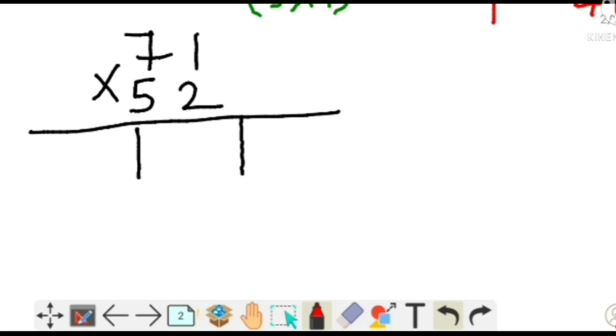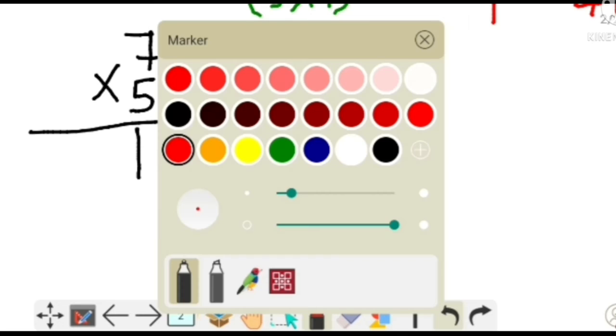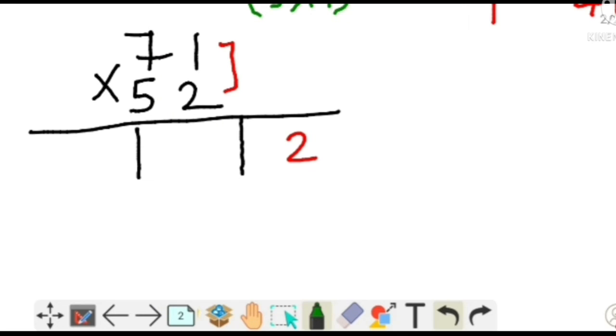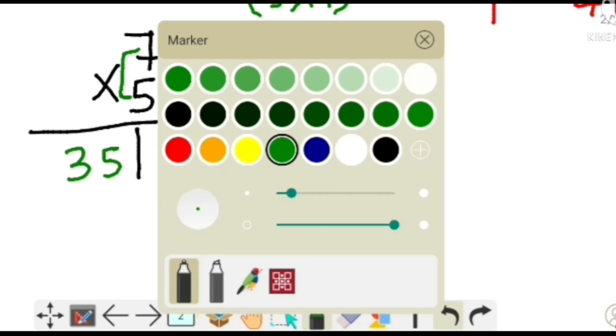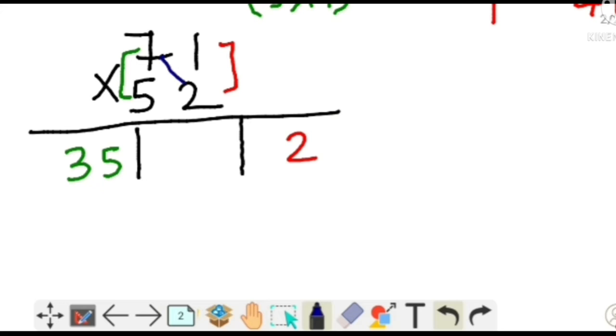In the first block, multiply the 2 digits, 7 into 5. You will get 35, and 1 into 2 is 2 here. Now 7 into 2 is 14, plus 5 into 1 is 5.